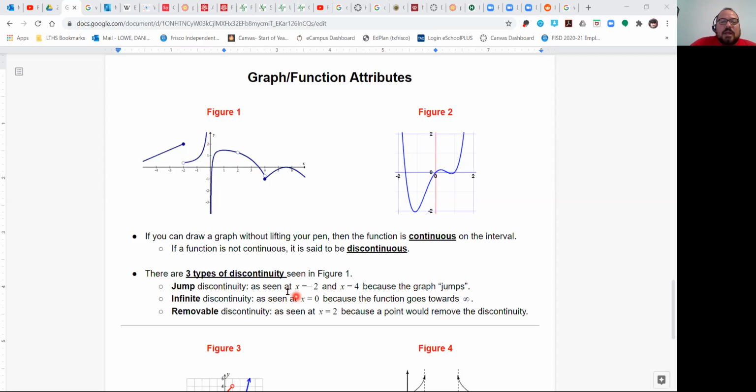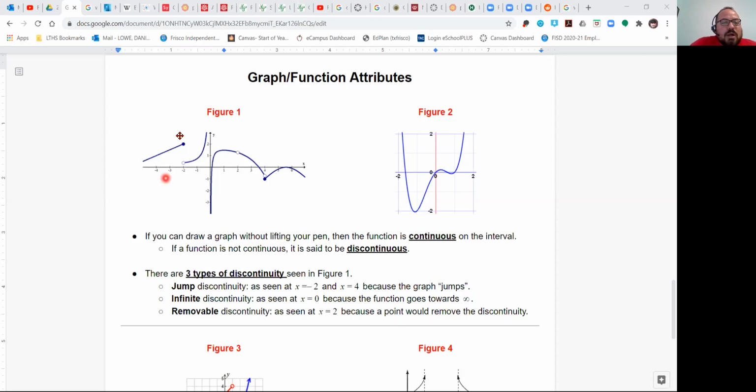And then we also have what's known as a removable discontinuity. We can see a removable discontinuity right over here at x equals 2. That is removable because if we put a point in and filled in that hole, we would remove the discontinuity.